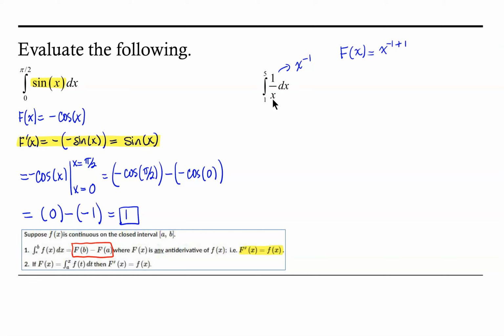I would have x to the 0 power. A couple of issues. So first of all, we would have x to the 0 power provided x is not 0, which means that my antiderivative would be 1 provided that x is not 0, and the derivative of 1 is 0, not 1 over x.